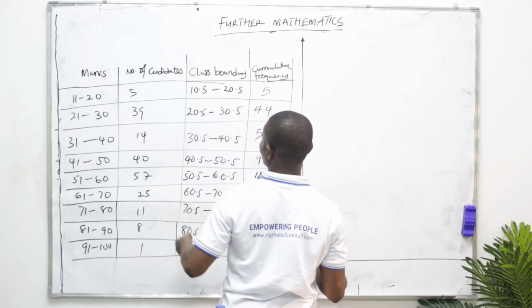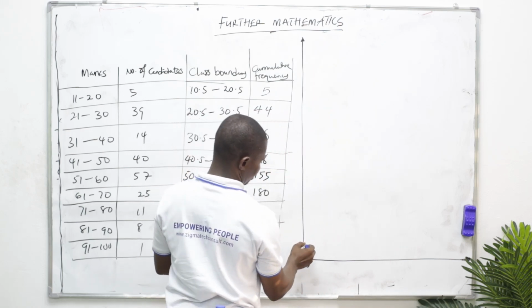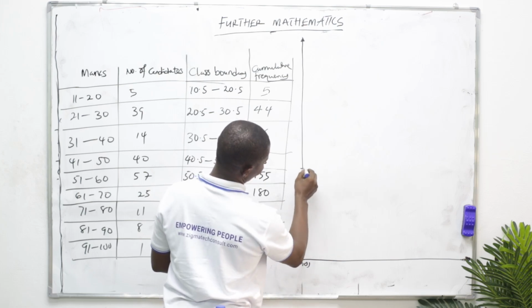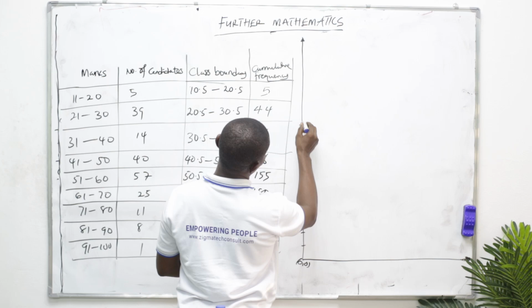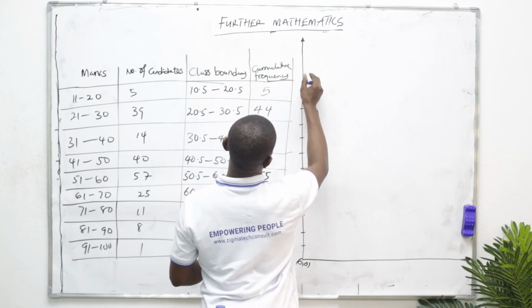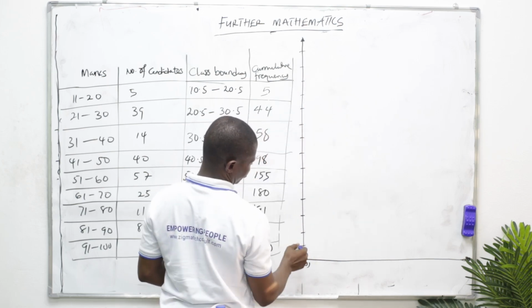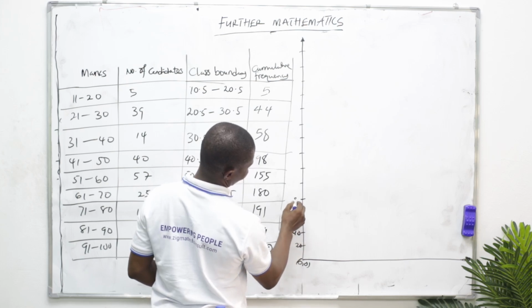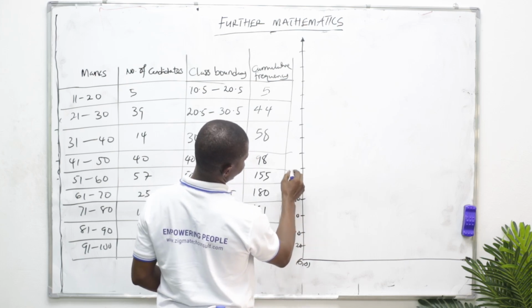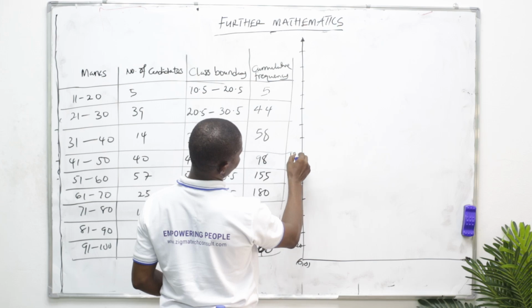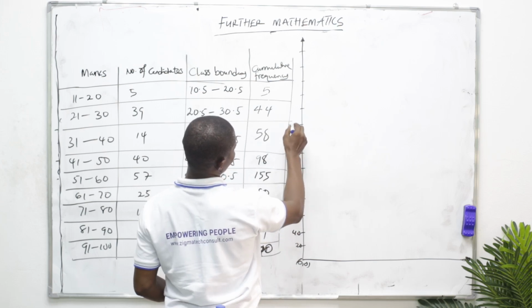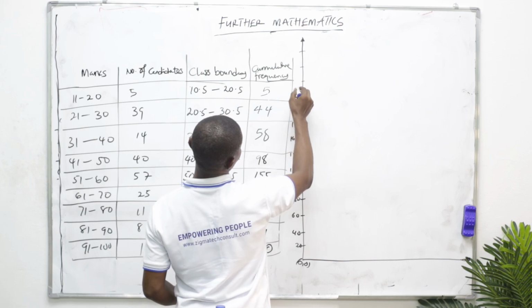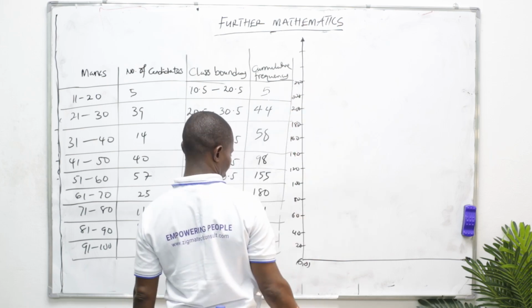Okay, the highest is 200. You assign the scale yourself. WAEC will not give you a scale. 20, 40, 60, 80, 100, 120, 140, 160, 180, 200, 220, 240.